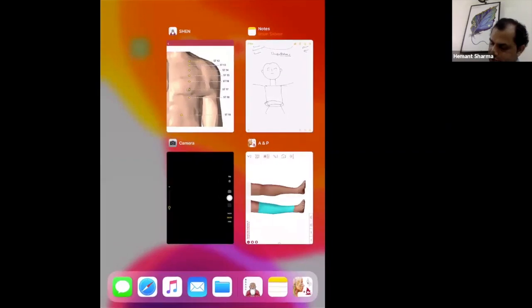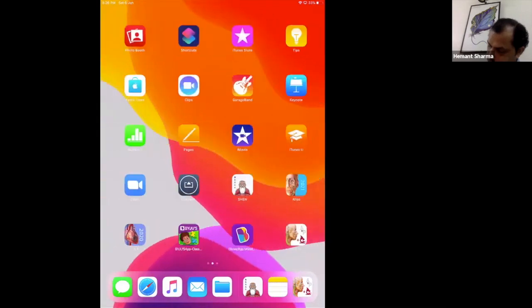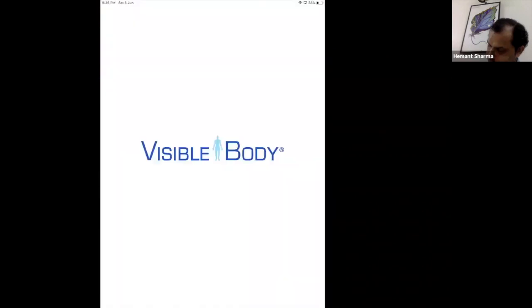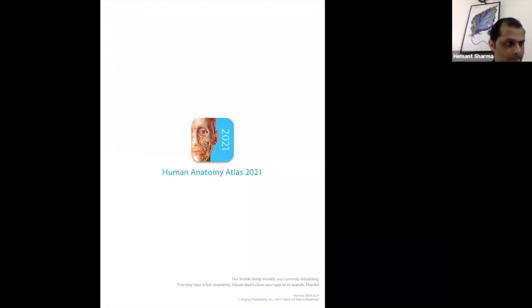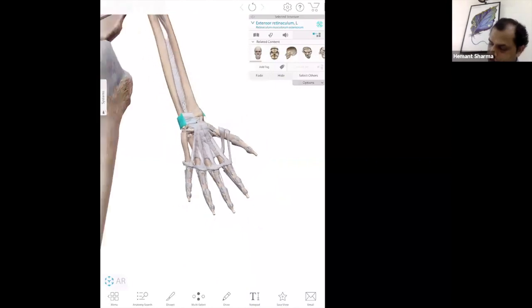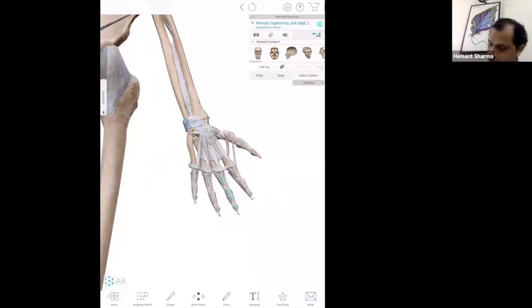So when we look at our arm, let's see our arm. When we look at the arm, we can see we have 5 fingers.